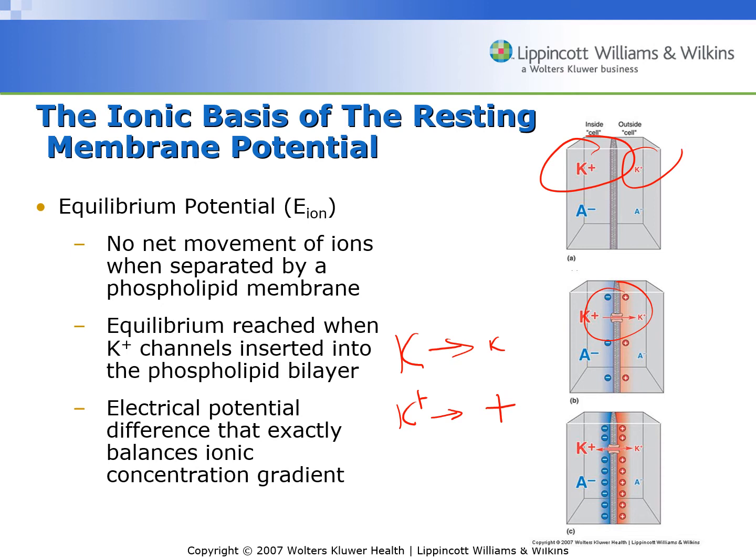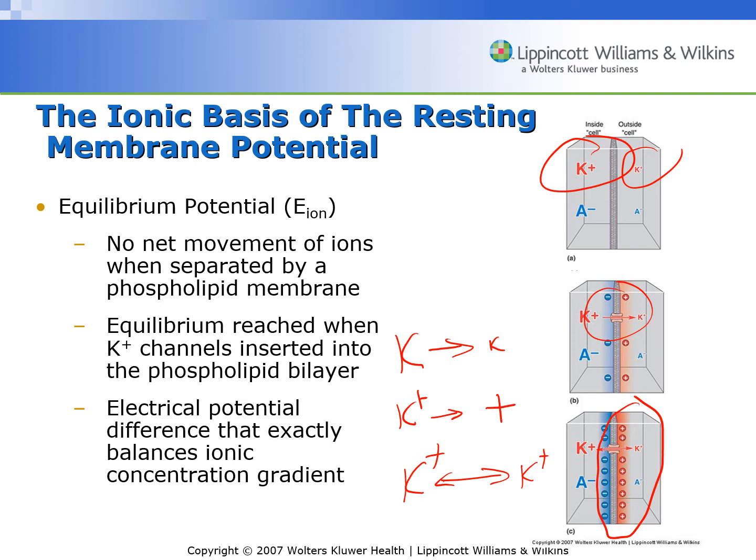Okay, so again, equilibrium potential is the point where the flow of potassium outside the cell is exactly equal to the flow of potassium back inside the cell. And for potassium, that point is going to be where the concentration of potassium is actually trying to still push potassium out of the cell because of that excess positive charge over here on that side.